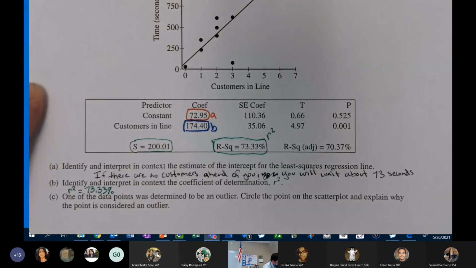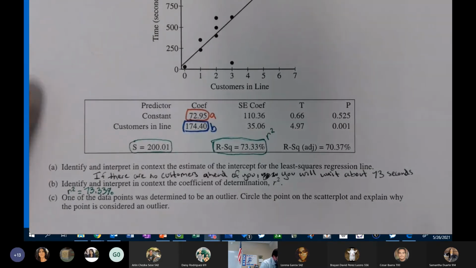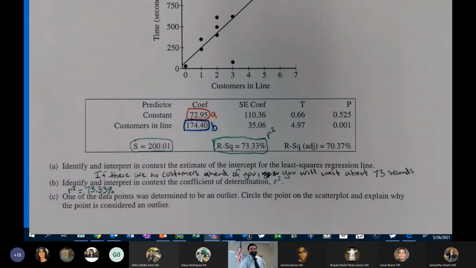And again, that's just right here in our table, in our printout. Essentially, because of the limited space, I'm not going to try to write all this.